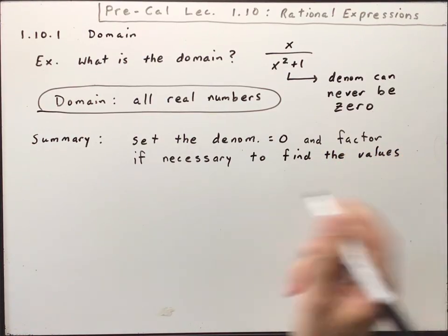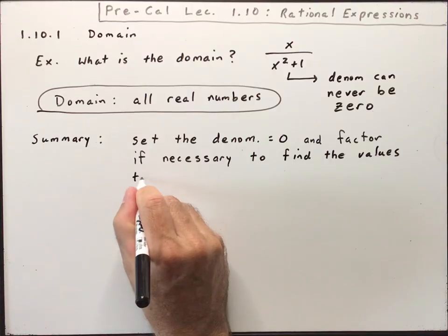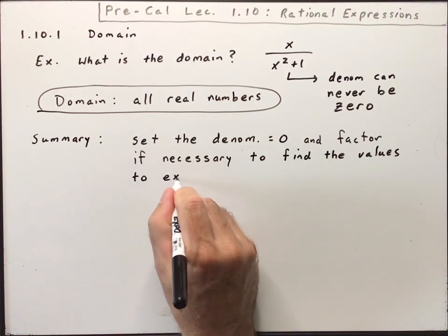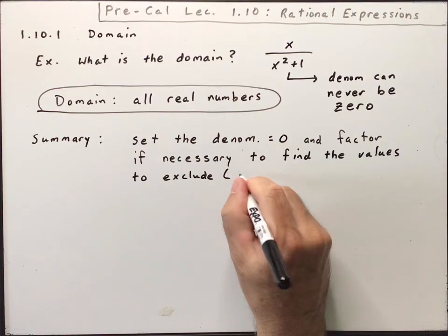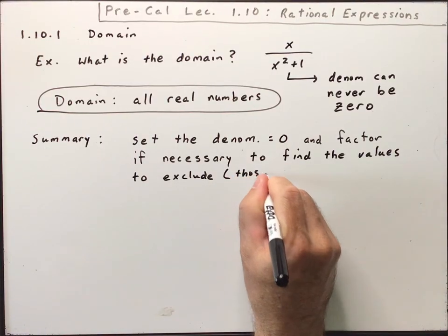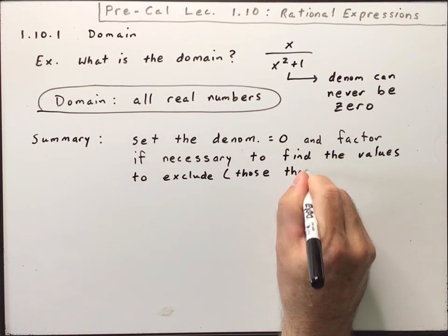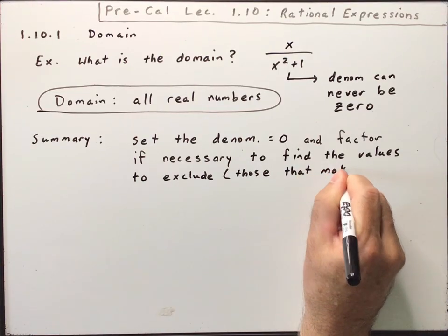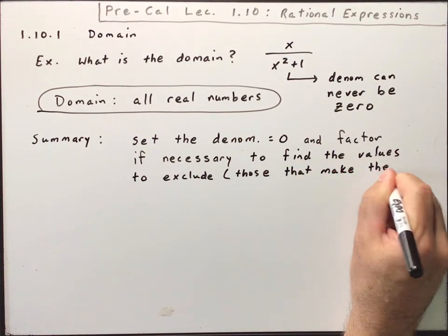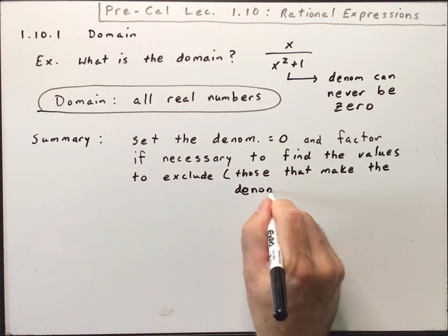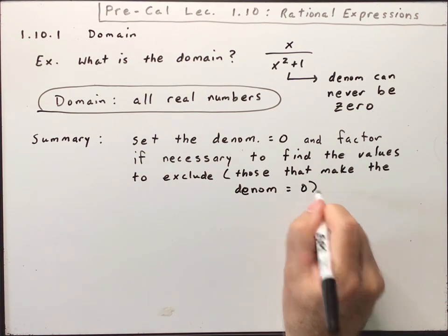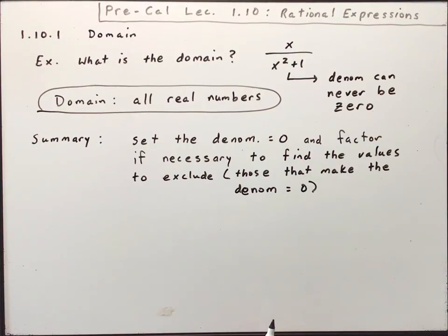So those would be the values of x that make the denominator equal to 0.